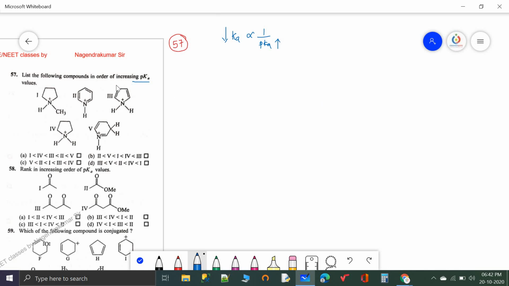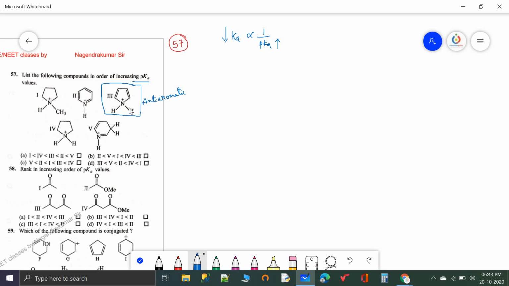First of all, I will write down the strongest acid among all of these, which is able to give the H plus readily. See, aromatic compounds are present here, and non-aromatic compounds. In this case, this particular molecule is completely unstable and anti-aromatic because of 4 pi electrons.